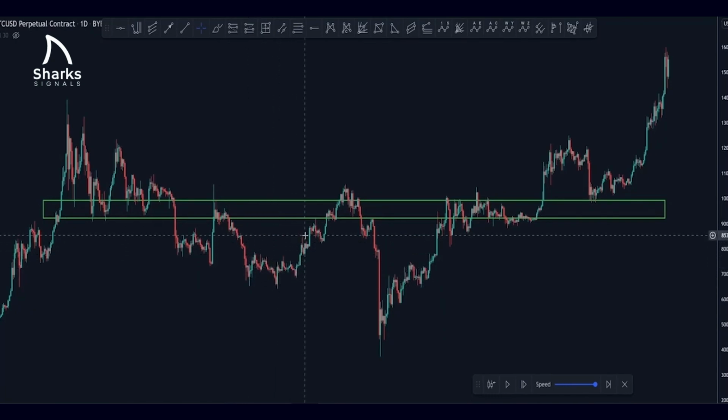Once it recovers, it initially tests this area once again as resistance, then attempts to claim it as support, ultimately failing, flipping it to resistance again, and moving much lower. After this recovery in price, once again, this area plays an important role as resistance.